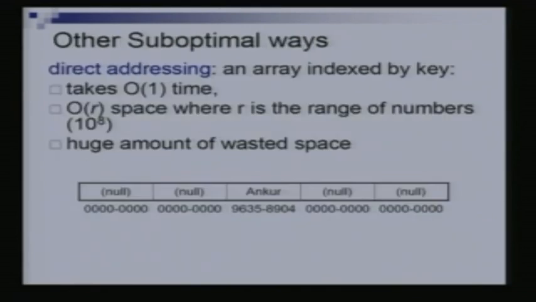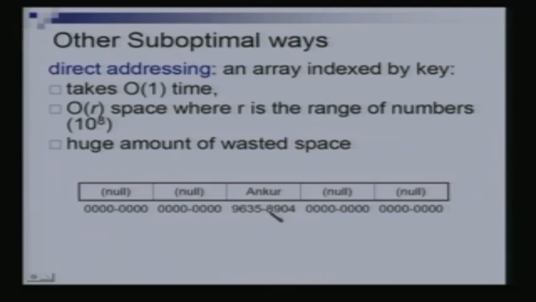There is one other way which will be useful for our subsequent discussion, and that is as follows. Let us say I take an array of size 10 to the 8, a huge array, and then what do I do? Well, Ankur had a phone number of 96358904.